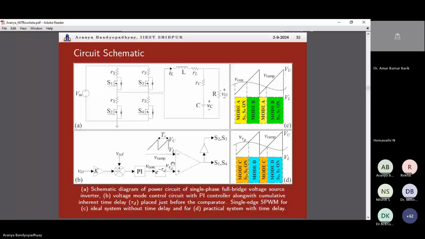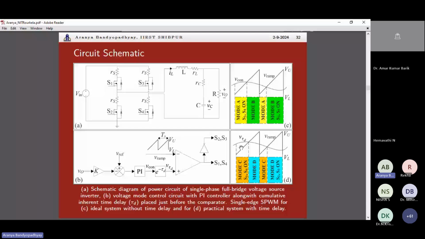But how can we model it? Note that time delay is kind of an infinite dimensional system. If you take the case of e to the power minus tau d, this is infinite dimensional. But we can sum it up at some point. And where are we going to sum it up?